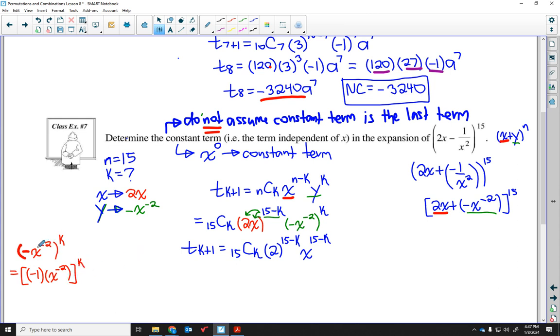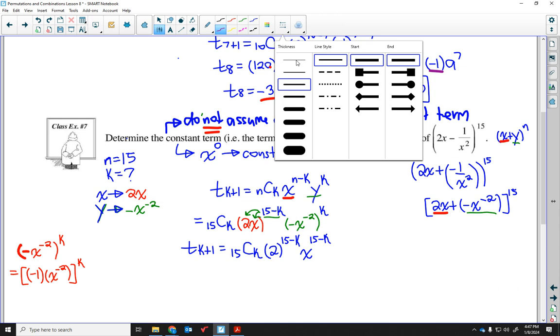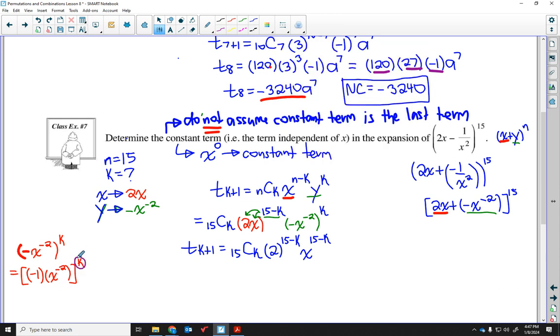The reason I did that is I'm trying to separate that negative from the x, just like right here I was trying to separate the 2 from the x. Now that you've done that, you can use the power of a product rule. So I'll apply the k to the negative 1, and I'll apply the k to that negative 2.